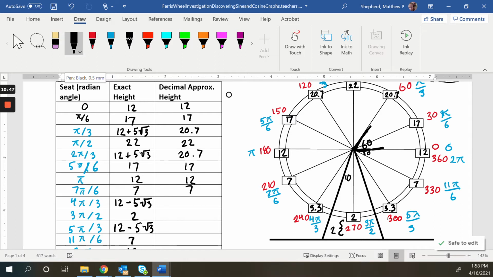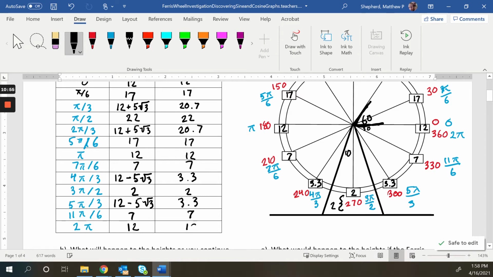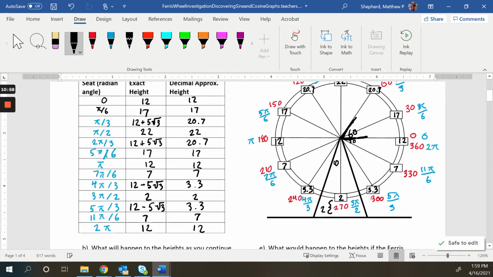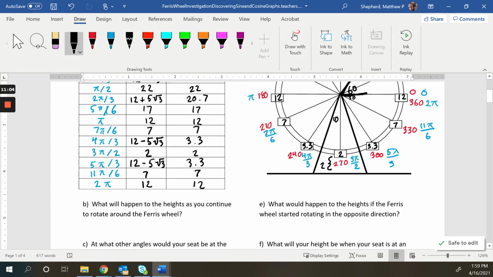So that at the minus, that was a 3.3 to 3.3 back up to 7 and 12. All right, so now that's how we've completed the table and figured out all the numbers on our Ferris wheel.